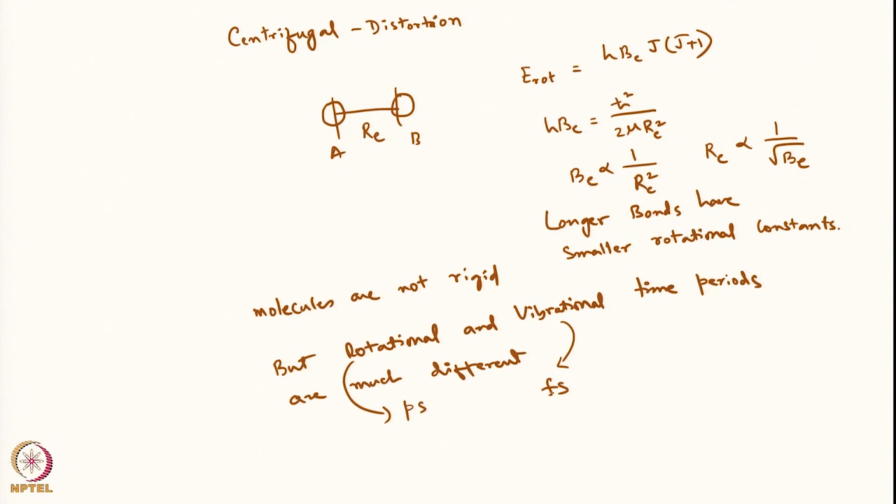Therefore, the influence of vibrations on rotations can be neglected. This is a very general statement. There will be cases when you cannot neglect it, but that is advanced level spectroscopy. At the level that this course is intended, one can always assume that the rotational motion and the vibrational motion are independent of each other.